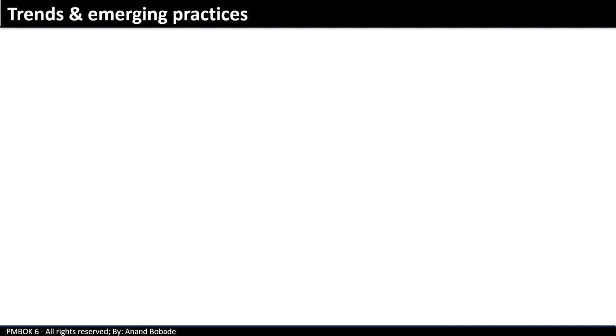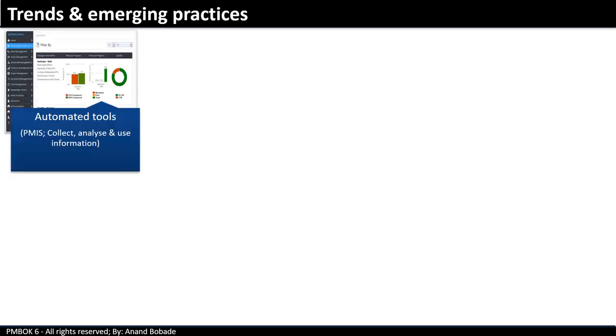Let's see new trends and emerging practices in project integration. With advancement in IT software, there are several automated tools to help the project manager. Project management information systems help the project manager by collecting and analyzing information, generating reports, and communicating those reports to various stakeholders.